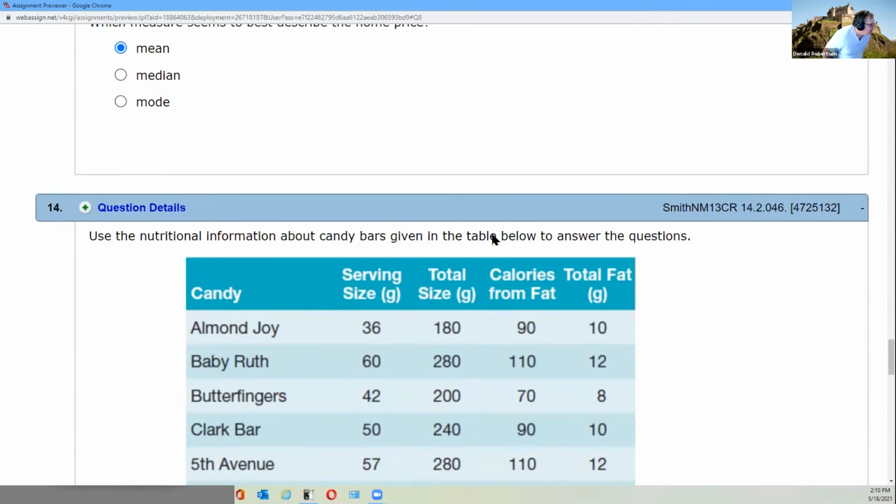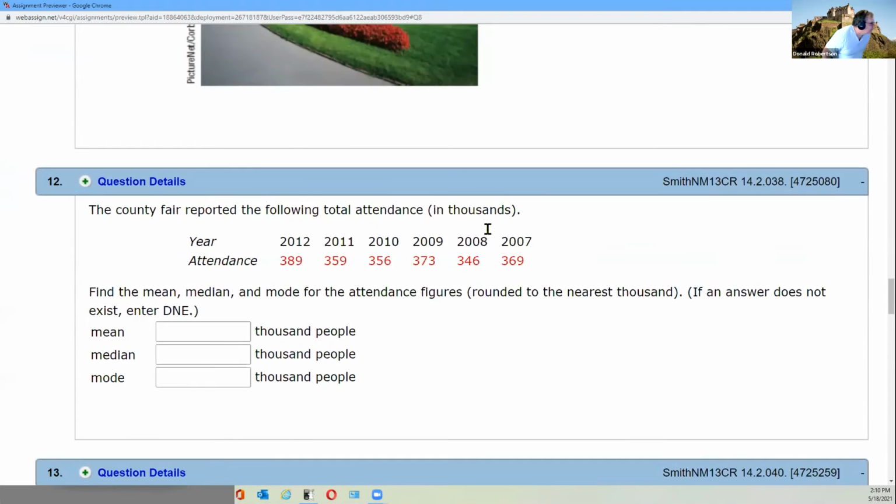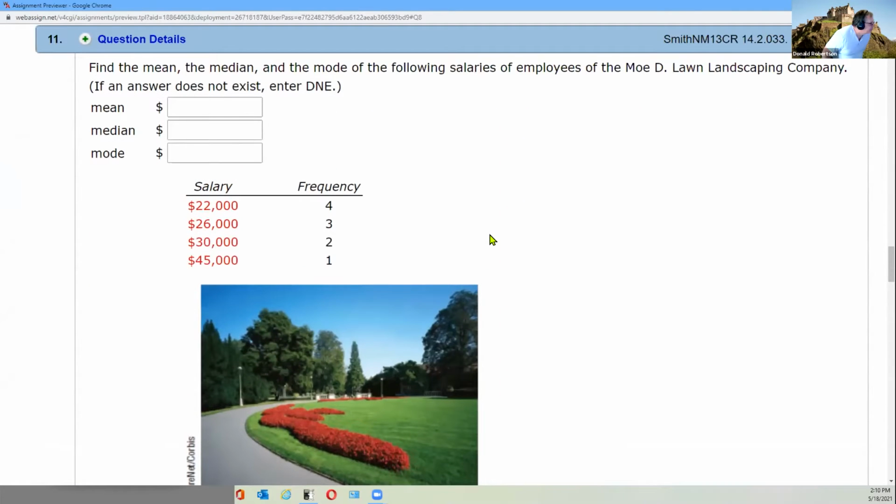There's only one thing I haven't covered, and that's question 11. It's easy to skip. You might look at this and say, oh yeah, 4 numbers, put them into the calculator, mean, mode, median, we're done. It's not as simple as that.